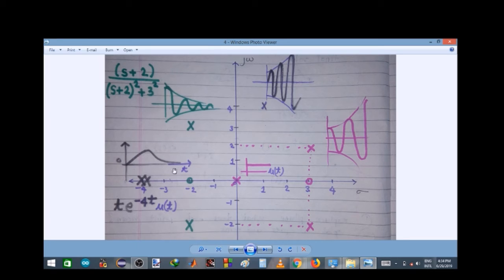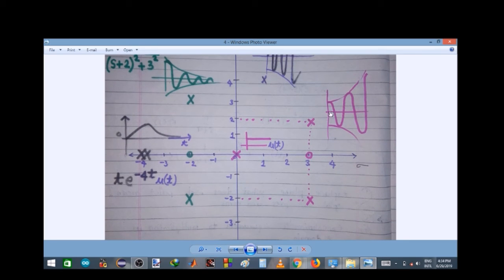If there is not an exponential, then it will be s divided by s square plus 3 square, in which case the entire zero and the crosses would be lying on the j omega axis, and the exponential part would be e to the power 0t, which is 1.